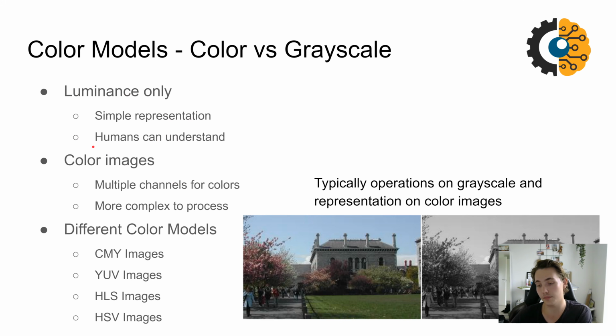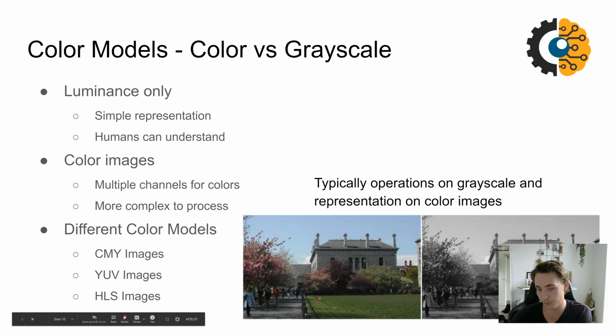So we need to do 3 times as many operations on colored images versus grayscale. For example, if we had a video sequence with 30 frames per second, then we need to do a lot of calculations, and not necessary calculations, because as I said, humans and computers understand grayscale images very well.